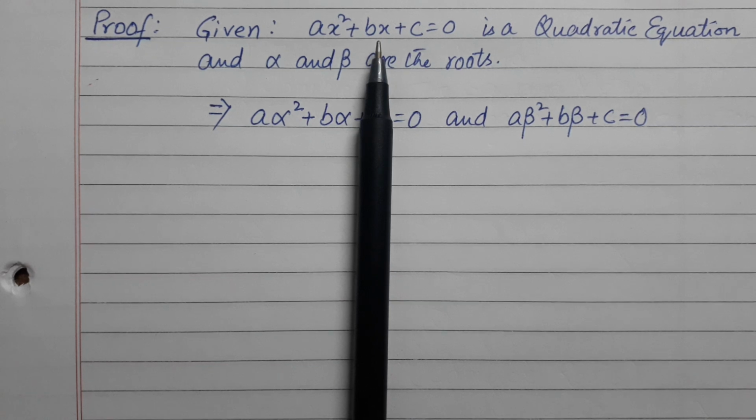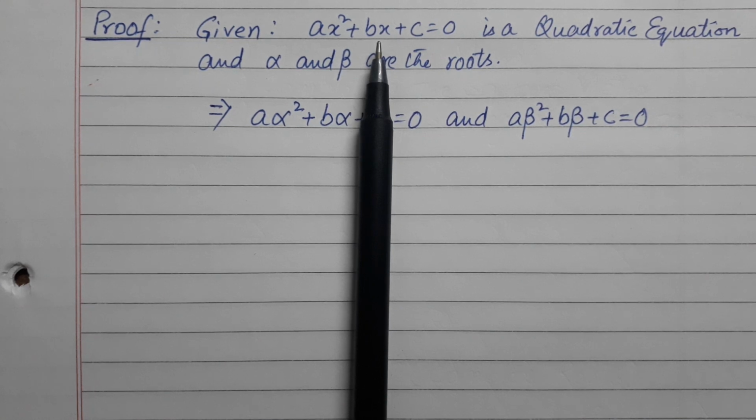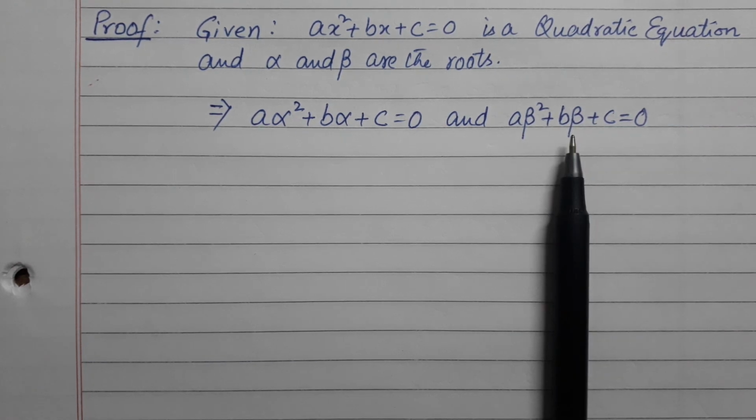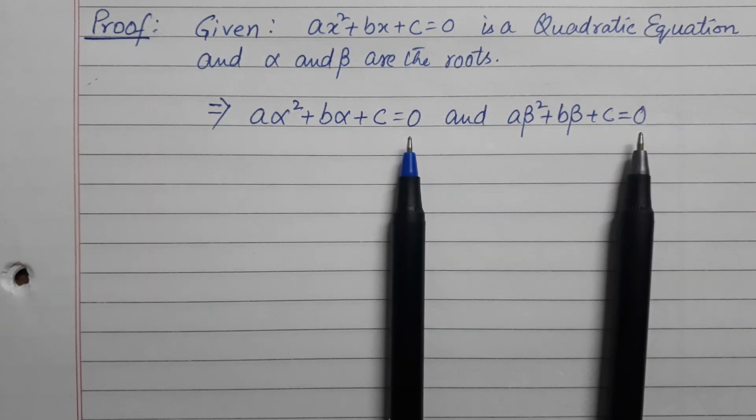Now here also we can see that this expression in the left hand side of this equation is a quadratic polynomial, and at x equals to alpha and x equals to beta, the value of the polynomial is 0.